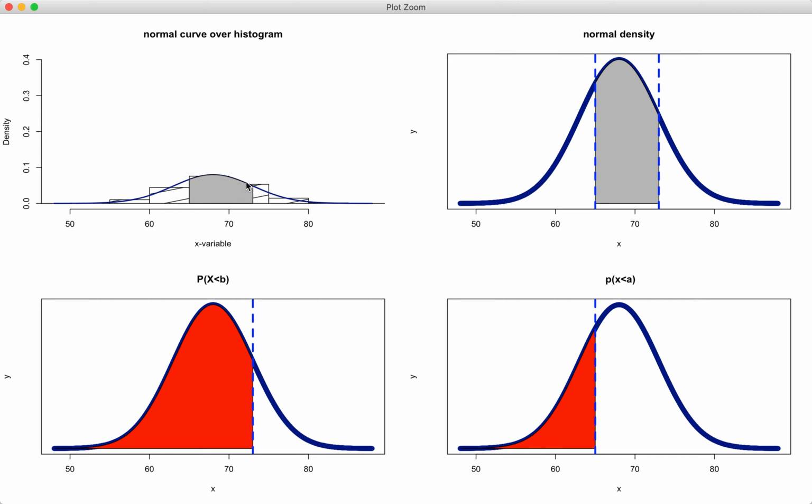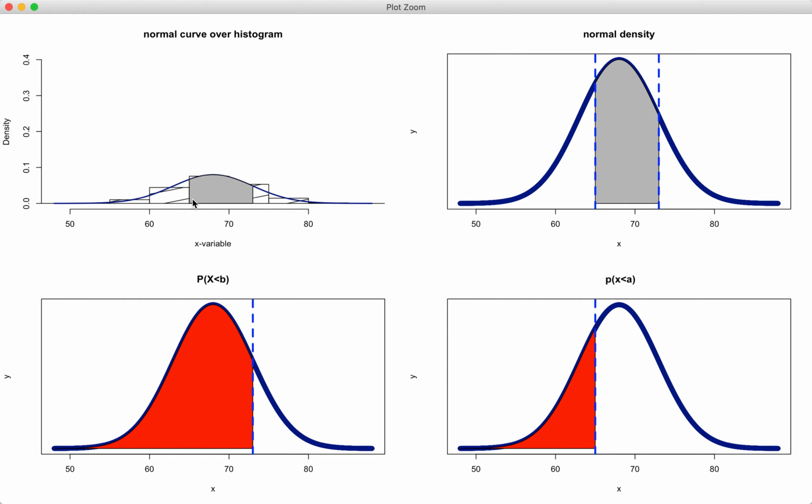In fact, that's what the histogram is when I add up those probabilities. But you can see there's a little bit of an overestimate right there if I was to calculate some of the probabilities, right? So it's not exact. I want to calculate the probability between 65 and 73. That's what is shaded, is the area there.